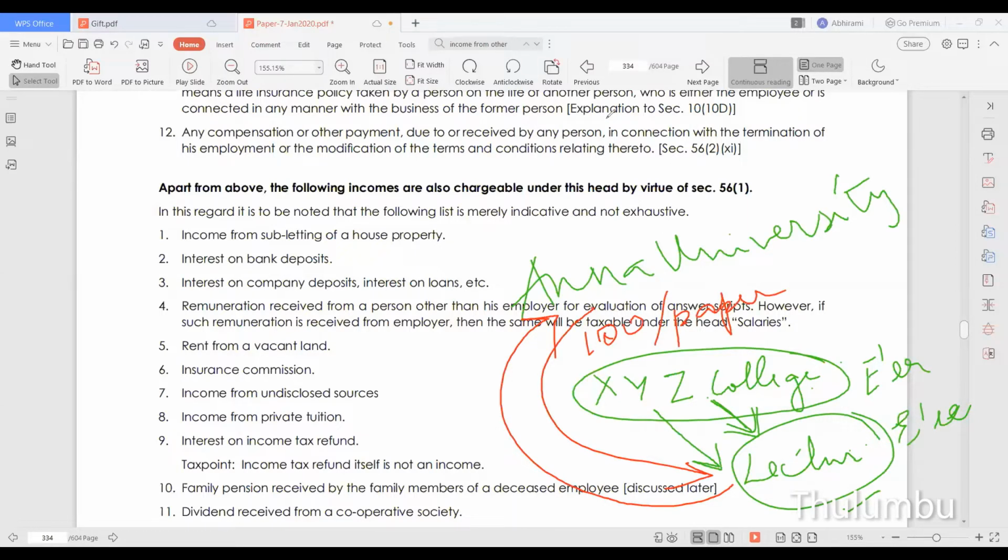So this amount, because here Anna University is not the employer, since there is no employer-employee relationship, this amount is taxable as income from other sources. If this is received from the college, there is an employer-employee relationship and it is considered as salary. But between Anna University and this lecturer, she is not an employee in Anna University, so the amount received will be taxable as income from other sources.